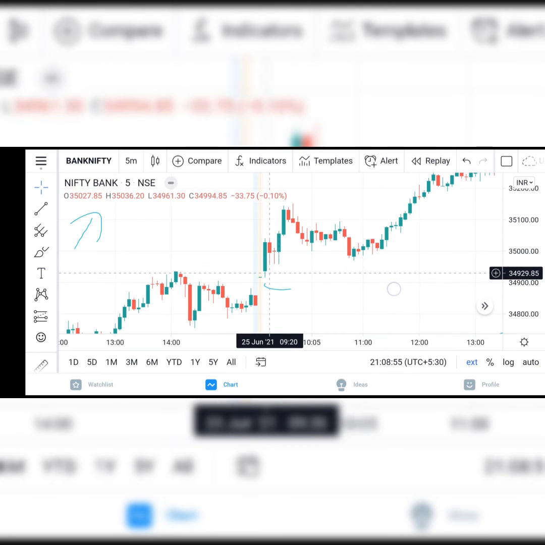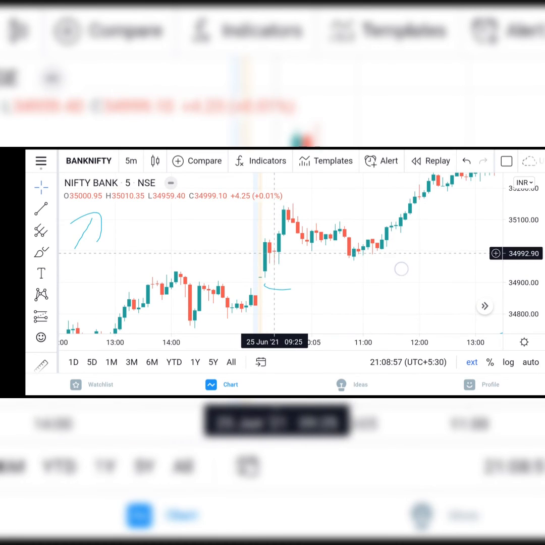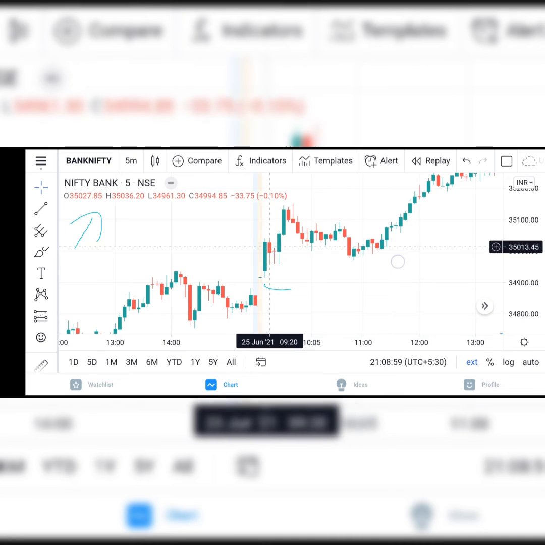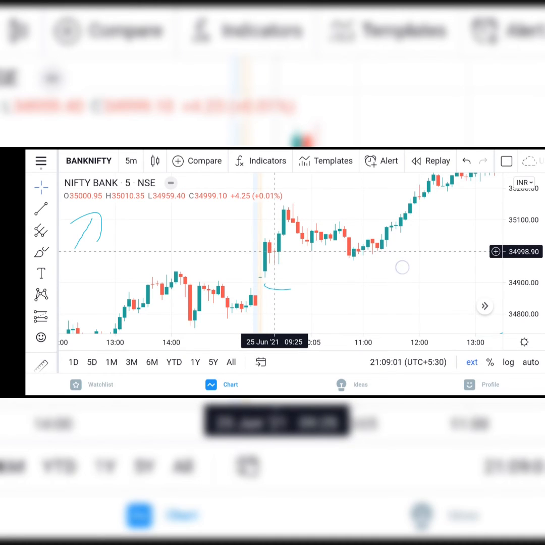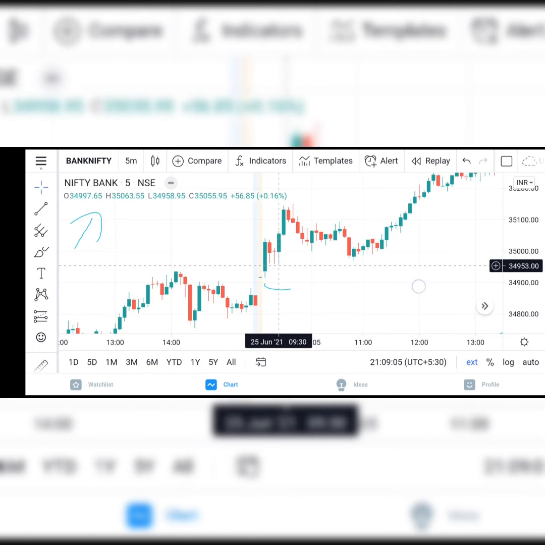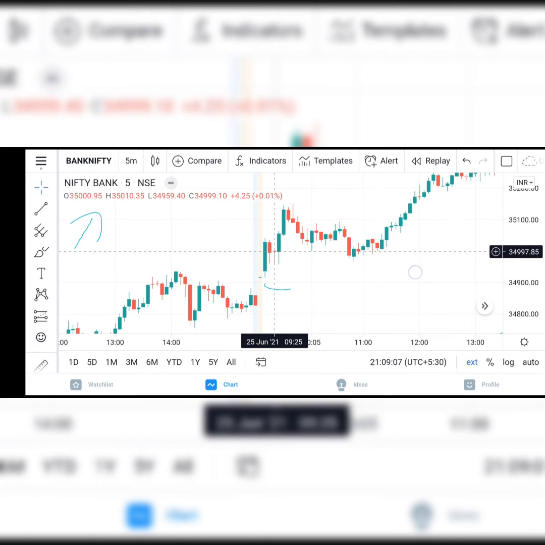Now you might be wondering, what is this third one? The body is very small and it's almost completely wicks. So this is called a doji candle. It is also known as an indecisive candle. That means the market was not able to decide. Suppose a green candle means the market was symbolizing that I am going up.